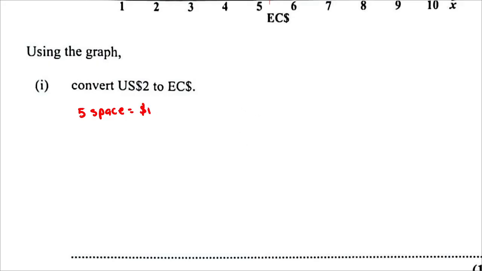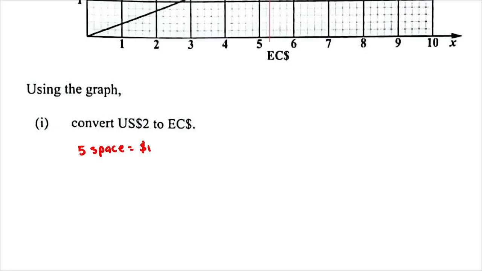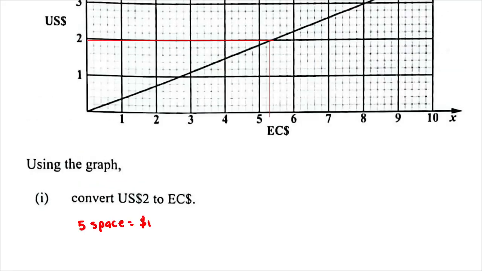We want to know how many. Now this graph, because you're not seeing it clearly, it's subject to change, right? So we have 5, 10, 15, 20, 25, 26, 27 spaces.